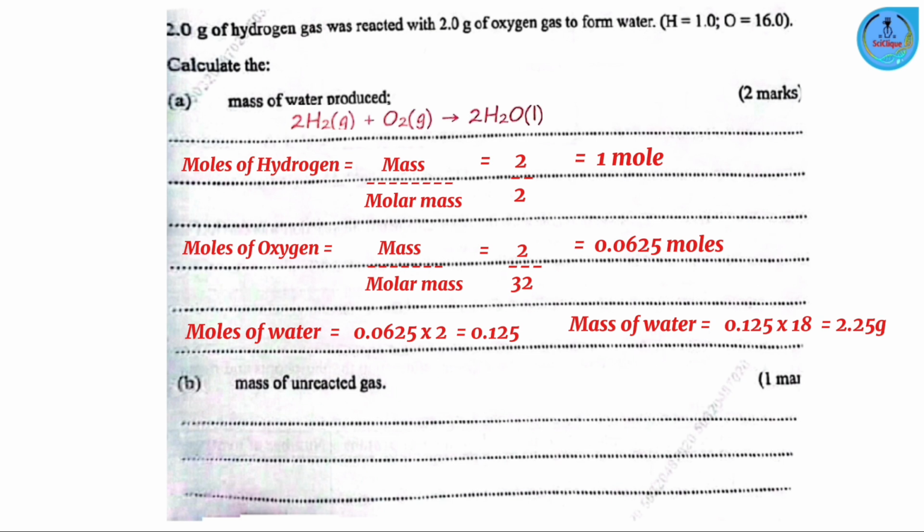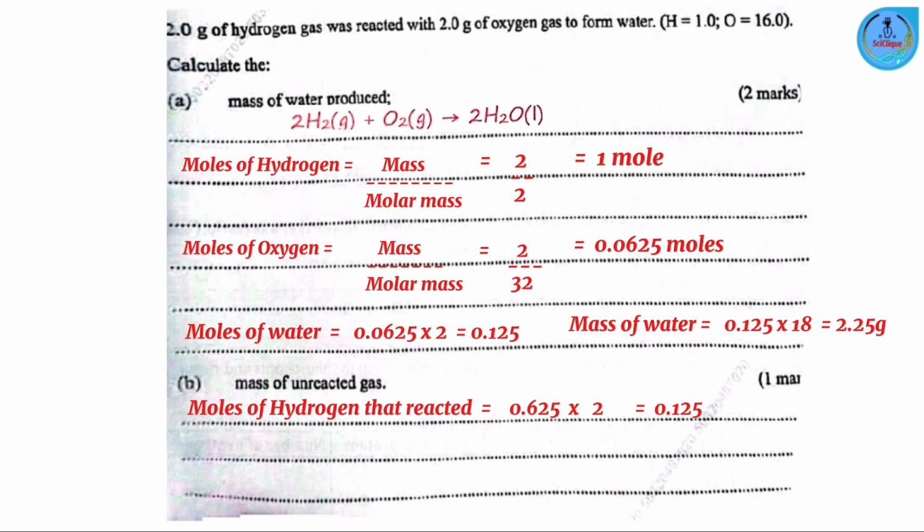Now, how many moles of hydrogen gas did we have initially present in the 2 grams? We had 1 mole. But according to the information that we have, how many moles of hydrogen gas actually reacted? 0.125. Only 0.125.